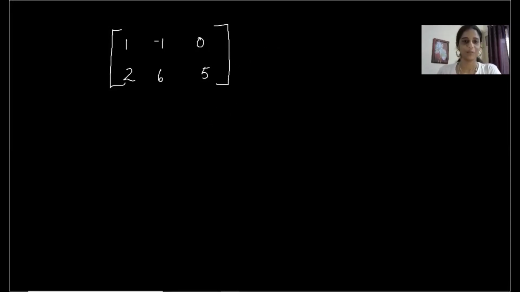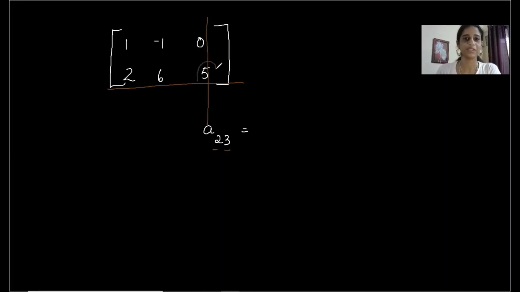Okay, now tell me what is A23? A23 is the intersection of second row, third column, right? Second row and third column. Second row is here and third column is here.